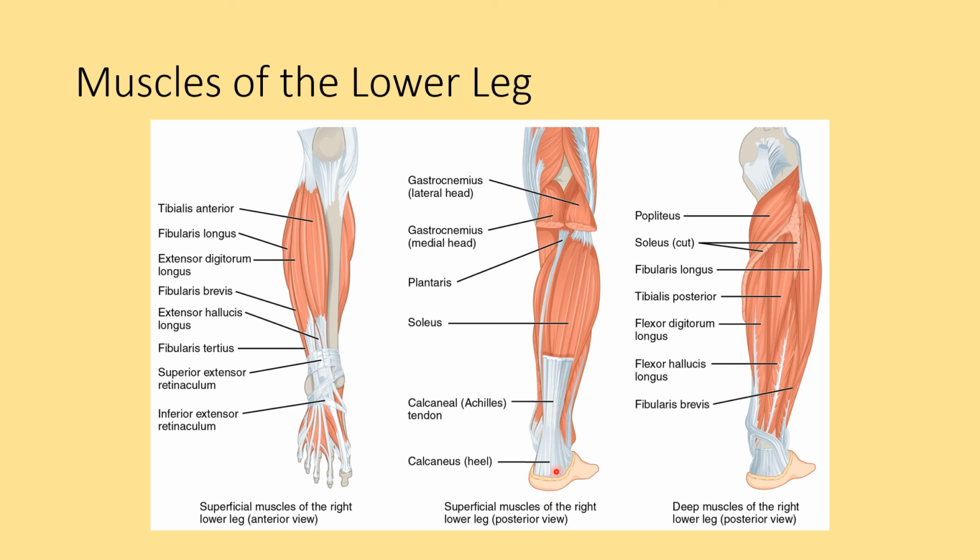That's your calcaneal tendon, also known commonly as your Achilles tendon. Popliteus, the name of that should help tell you that it's going to be passing over the back of the knee. And then the soleus, now they've cut that, and underneath you've got tibialis posterior. These are all deeper. So here are your superficial muscles, here are your deeper muscles.